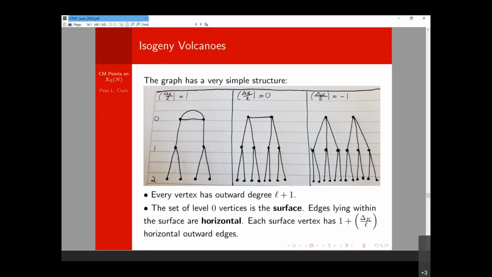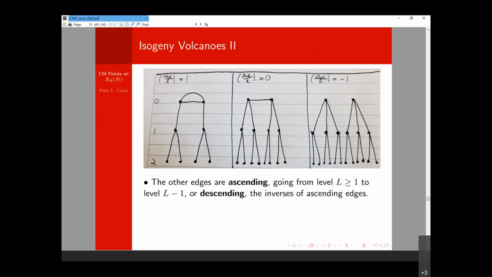And if L is inert in the CM field, then there are no horizontal edges. Then the other types of edges are ascending and descending. If you're in a level which is below the surface, so level greater than 0, there's always a unique ascending edge from your level to the next higher level. And then there are descending edges, and the descending edges are literally just the inverses of the ascending edges.